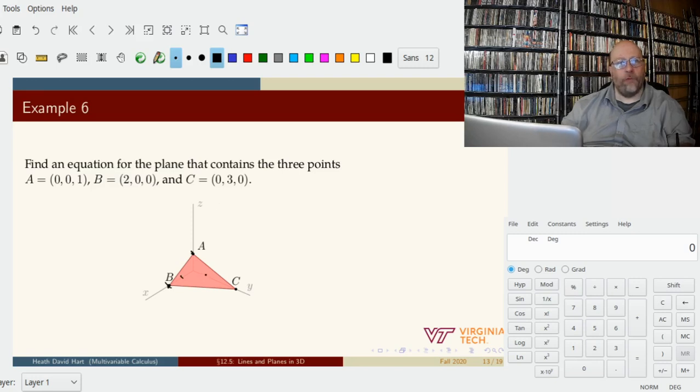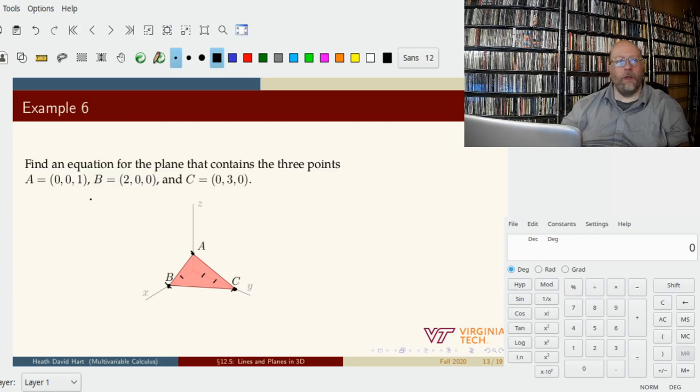And 0, 3, 0. That's 3 units out in the y direction. That's this point here. Okay? So we're looking for the plane that contains these 3 points. This plane actually continues on in all directions. I've just shown the part where x, y, and z are all positive.